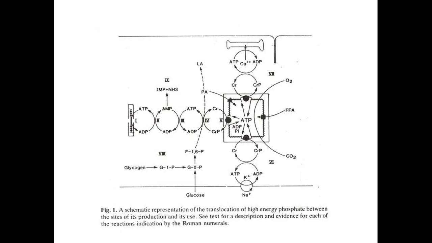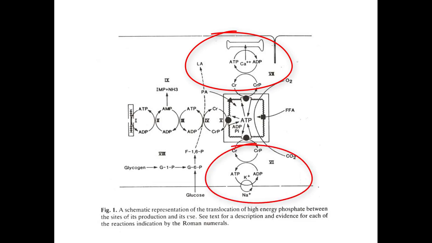This one, I just want to show you how important mitochondria are. This is mitochondria. So during muscle contraction, or during relaxation, we must put calcium ions into the sarcoplasmic reticulum. To do this, we need ATP. Also the sodium potassium pump is important for, do you remember, the resting membrane potential, right?